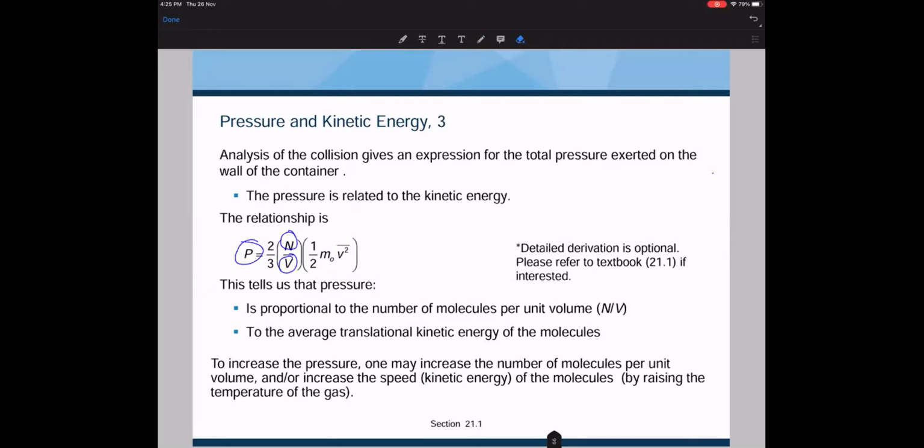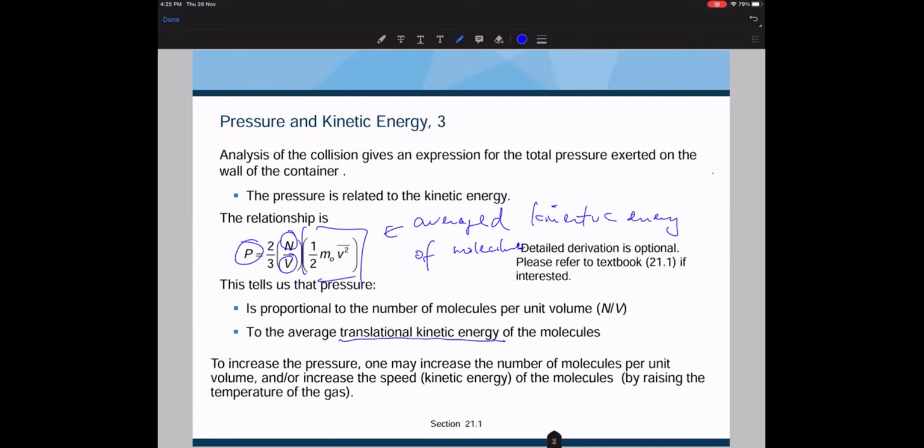So here, if you like, this term here is the average kinetic energy of the molecules. And it is the translational kinetic energy of the molecules.